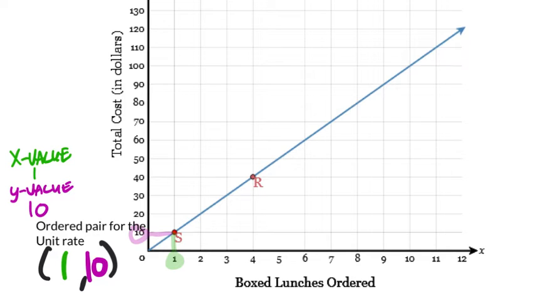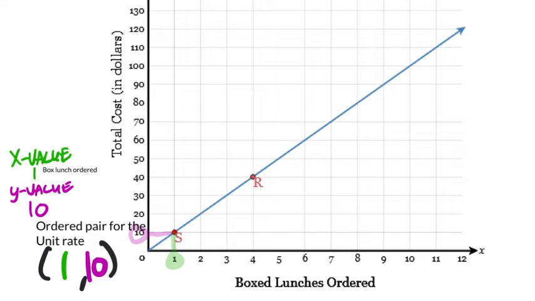So right there for my 1, that's 1 boxed lunch ordered. And then for my 10, I can see up there that the y-axis label is total cost, so I can put that in there as cost. In fact, maybe I don't even need the text box there.